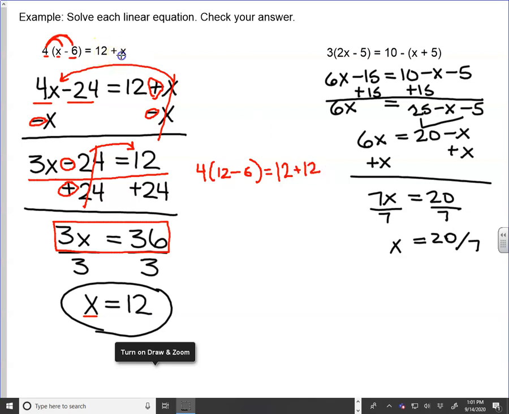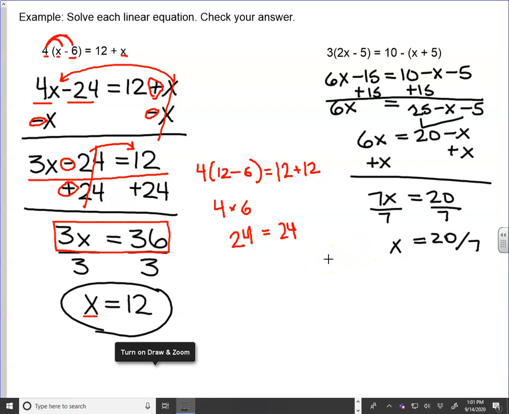So anywhere there's an x up here, I'm just plugging in the 12. So 12 minus 6 is 6. So over here I'll have 4 times 6, which is 24, right? And 12 plus 12 is 24, so it works, right? So that tells me that I did the problem right.